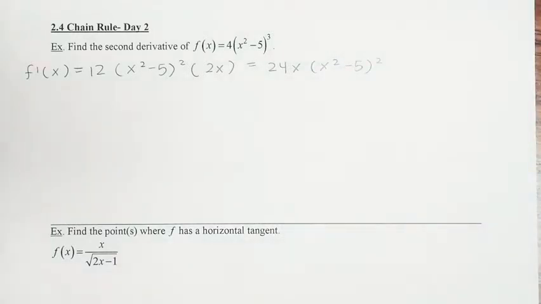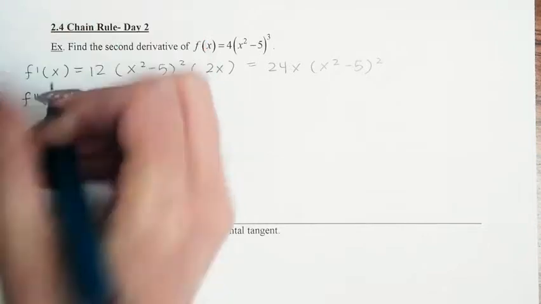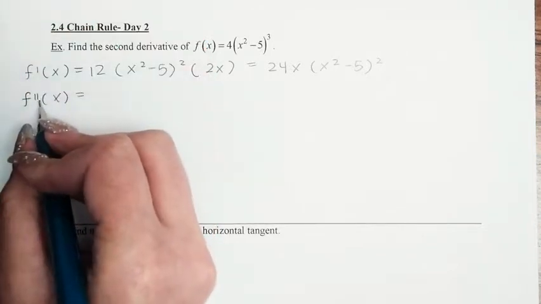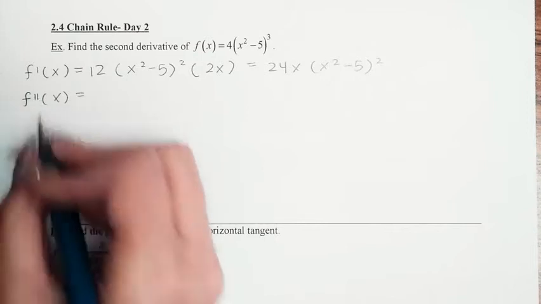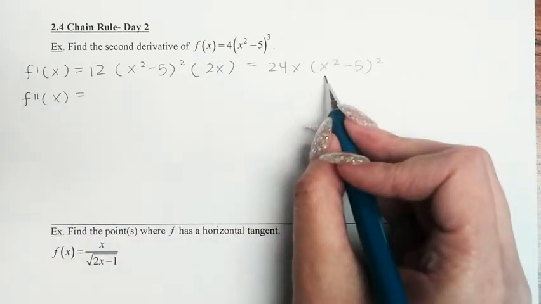To get the second derivative, this is the notation that we use. You need to do a product rule.